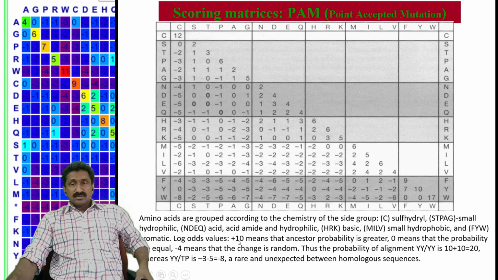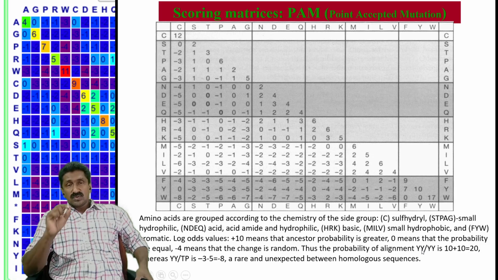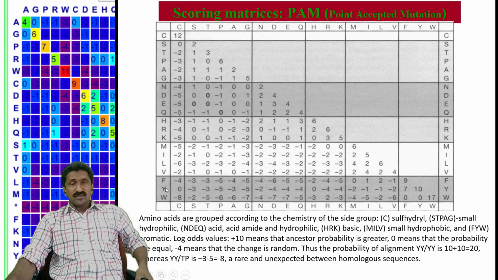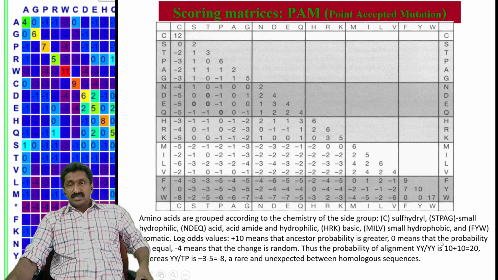Then here is the probability of alignment of YY with YY, that is the same sequence. The value of Y with Y in this cell is 10, so for two it is actually 20.